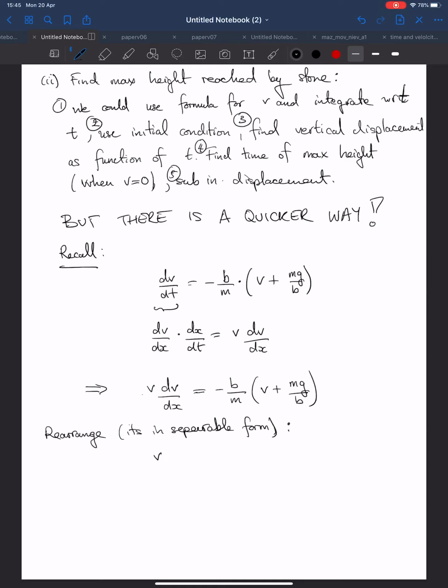So we have v plus mg over b, dv by dx, equals minus v over m.